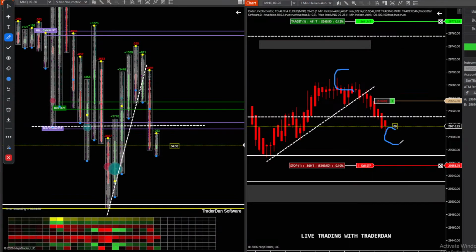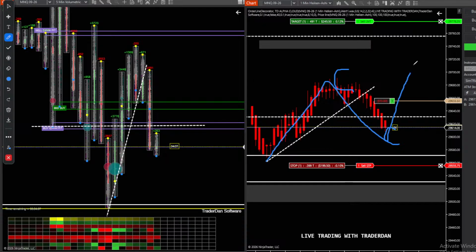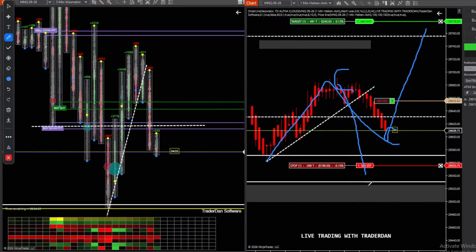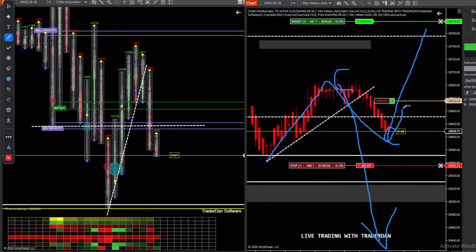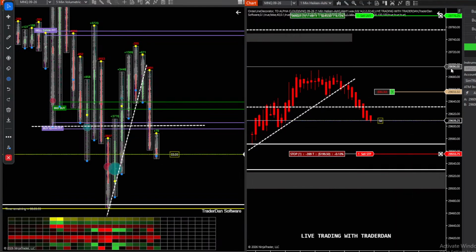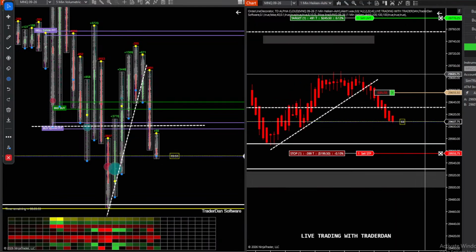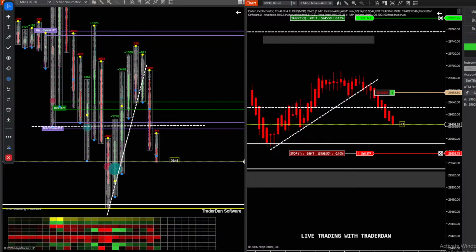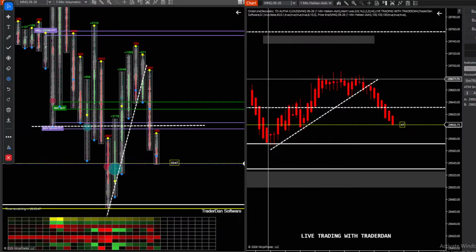That's a C phase, right? If this wants to do the long, it does it here. Or this just breaks down. It'd be nice if it comes back up and retests. Well, I gotta cut this off, guys. I'm out. Order filled. This is really frustrating, man.